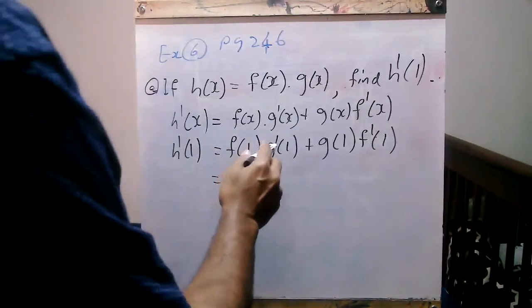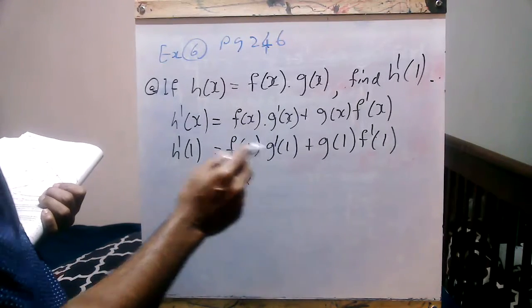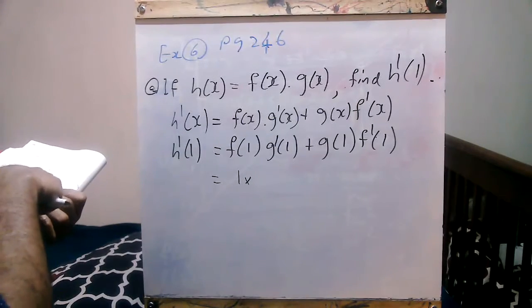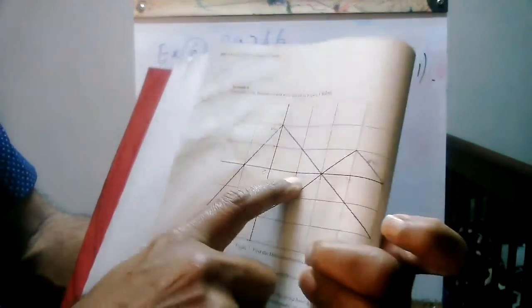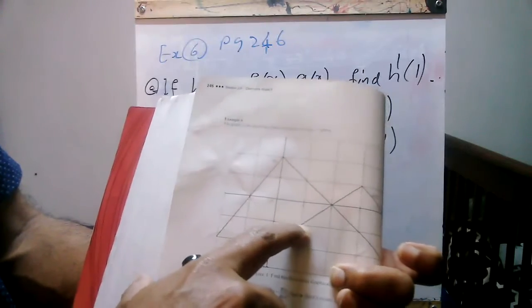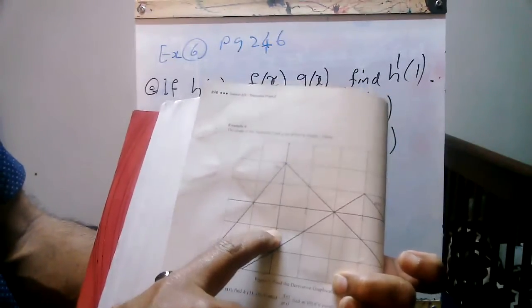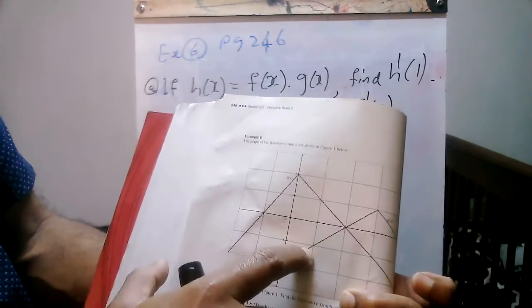G dash 1, go to the graph g(x) and see what happens to the graph when x equals 1. You see a straight line. When x equals 1, g(x) is -1, that is true, but g dash x means the slope of the graph when x equals 1.